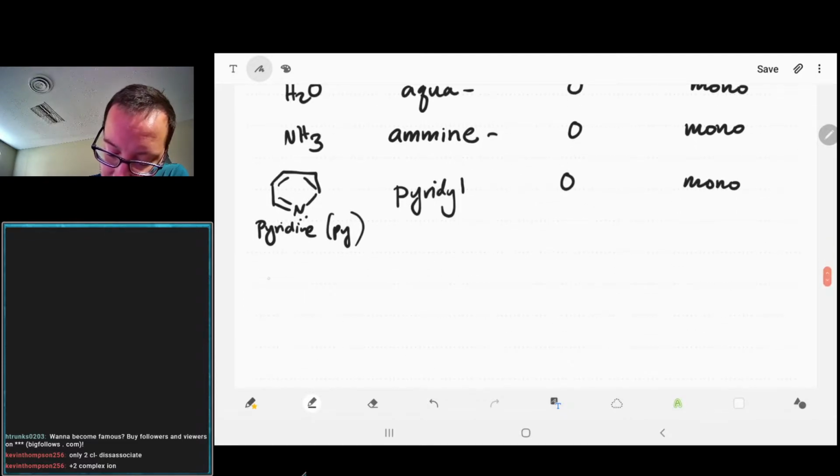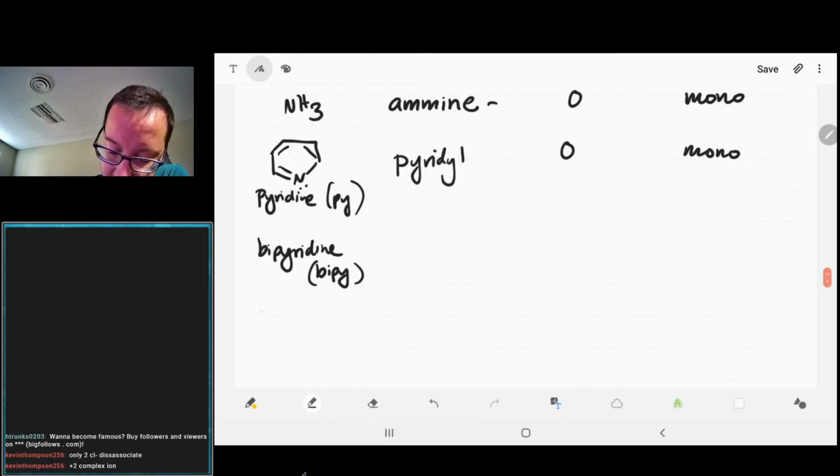We have bipyridine, which is bipy. Bipyridine is 2 pyridines put together. Oh my gosh, I'm terrible at drawing this. Does it have the third one in the middle? Or is that phenanthroline?